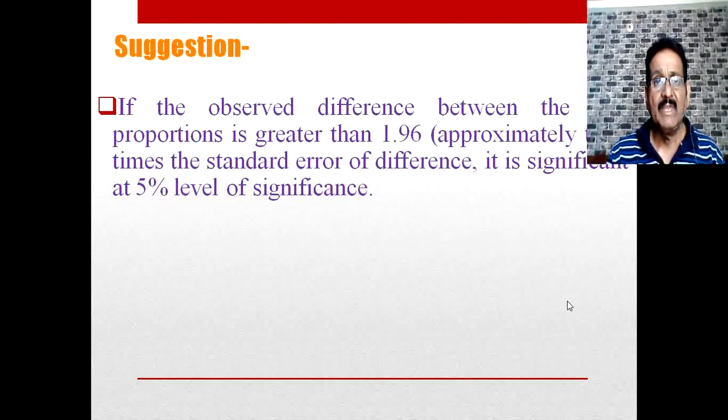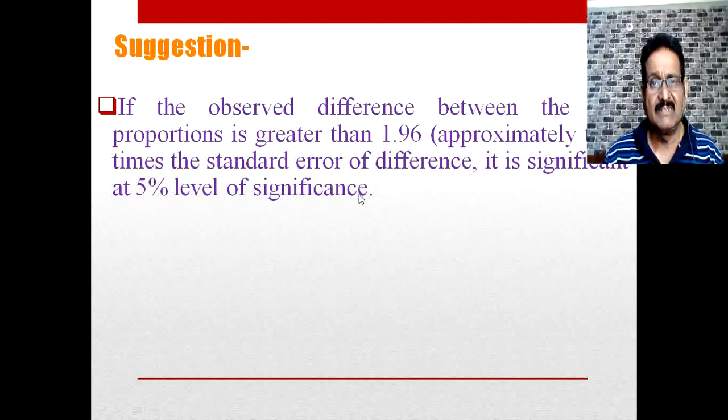First, if the observed difference between the two proportions is greater than 1.96, or you can consider it approximately 2 times the standard error of difference, it is called significant at the 5% level of significance, or at the 95% confidence level.